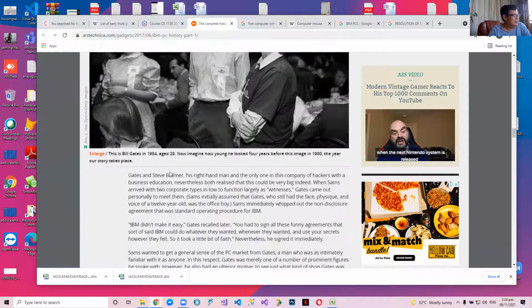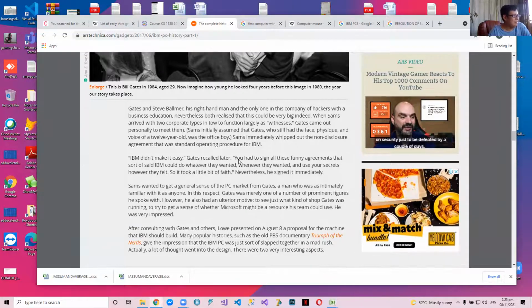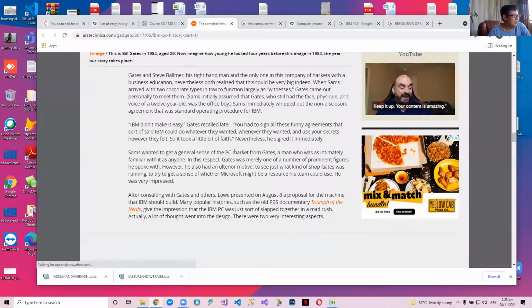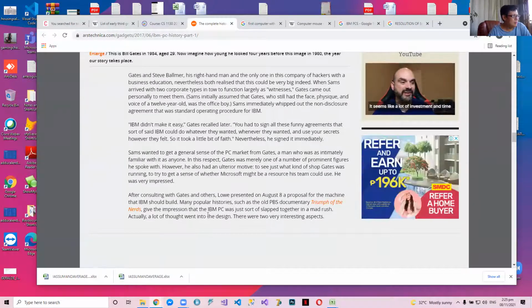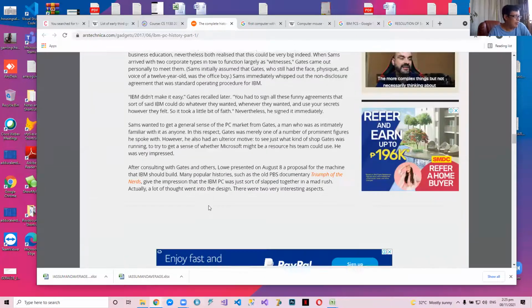Okay. So Bill Gates and Steve Ballmer were the founders of Microsoft at age 29. They were programming BASIC.